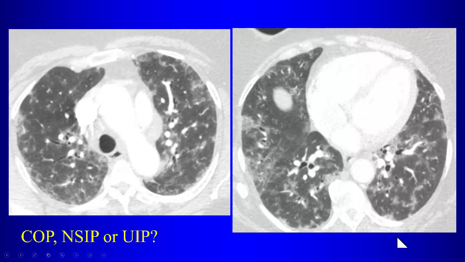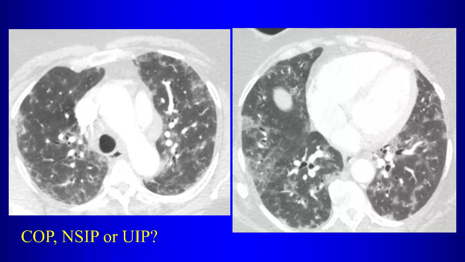What do we look for in NSIP in addition to ground glass? Traction bronchiectasis. Do you see traction bronchiectasis? Moretta's shaking her head no. So what are you going with, Murad? Of those three, what are you going to go with? Speak up, we can't hear you.